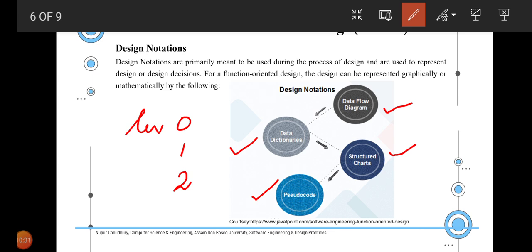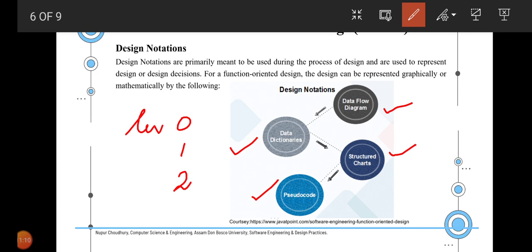So level 0 is basically the context diagram, where it is a bird's eye view of the entire system in a single process and the external entity which is interacting with it. So it does not show any detail level of that particular project or that particular product. However, in level 1 and level 2, the bird's eye view or the overall view is broken down into a more detailed view, and the input and output pertaining to all the entities as well as the intermediate entities are represented.